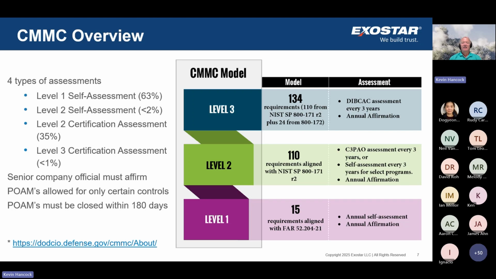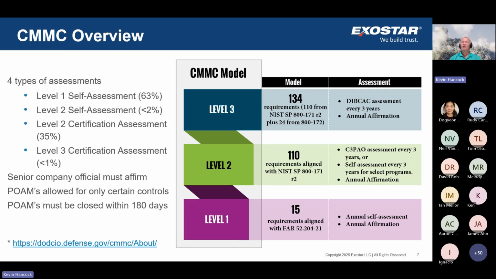If you're in the self-assessment category, you'll just have to self-assess and self-affirm that you do that every year. You'll also, even as level 2 certification or C3PAO assessment, be required to self-attest and self-affirm that you continue to do these things on a yearly basis.